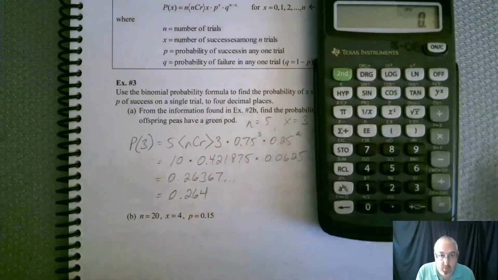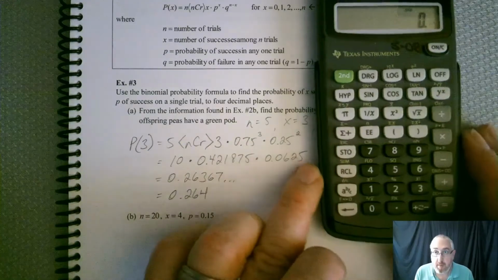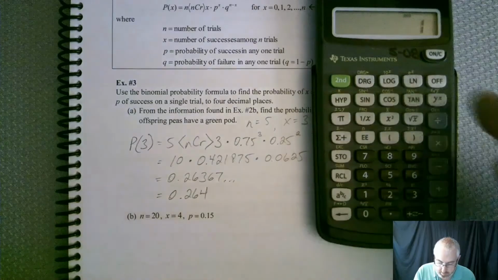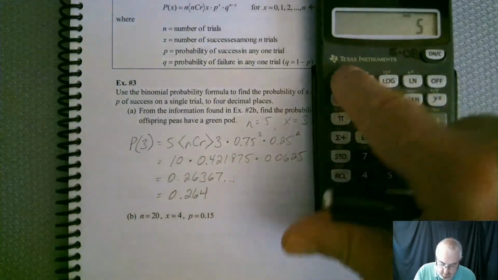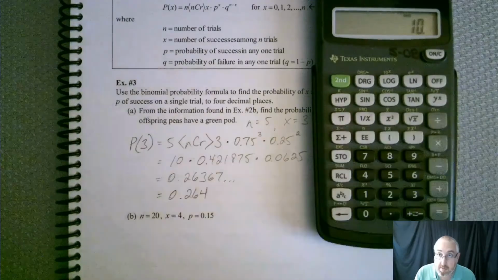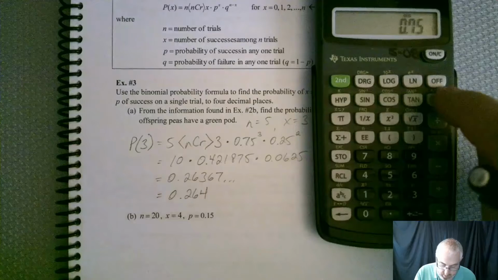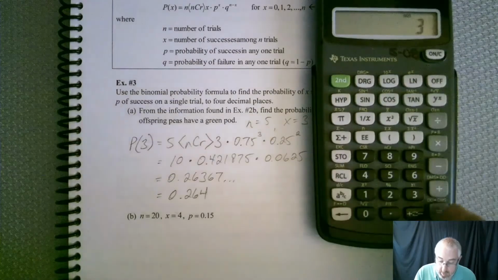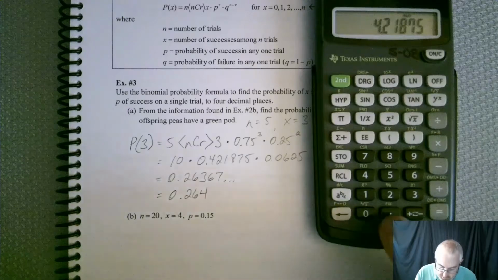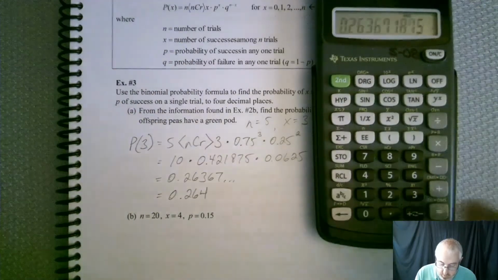We could do this entire thing in one swoop on your calculator. So let me show you how it would work. So you got your 5 NCR 3 equals times, and then do the next piece, 0.75 raised to the third equals times the last piece, 0.25 raised to the second equals.